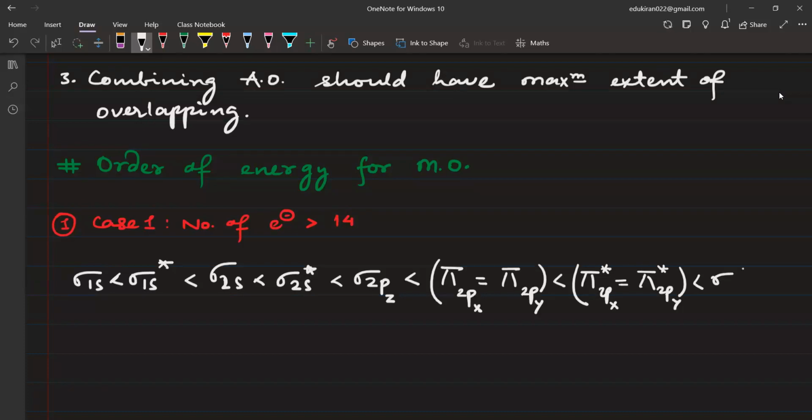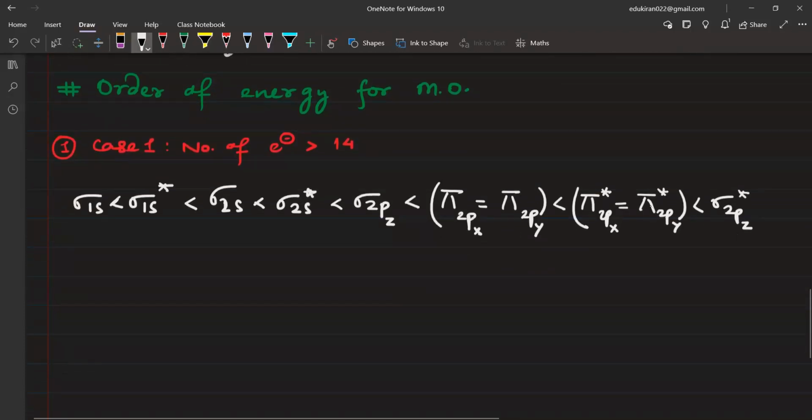After this comes the sigma star 2pz. You got this? Okay, I will also tell you a method to remember this.